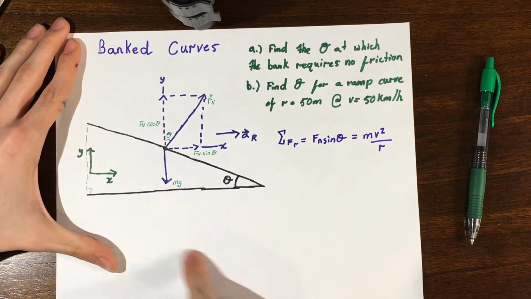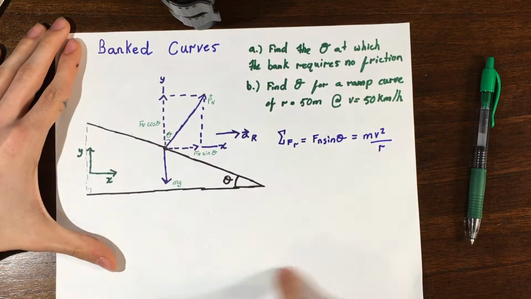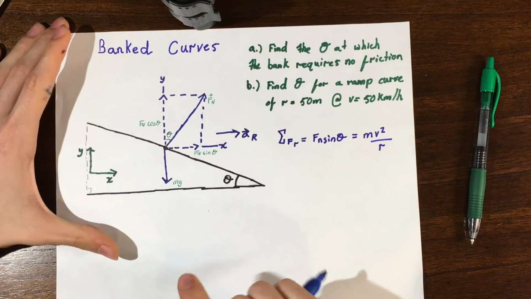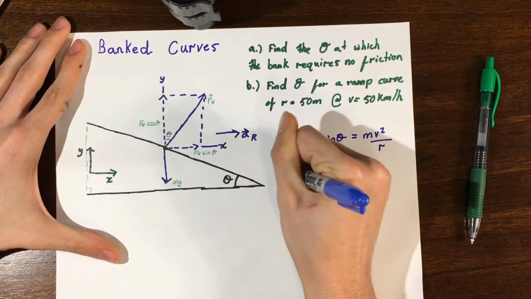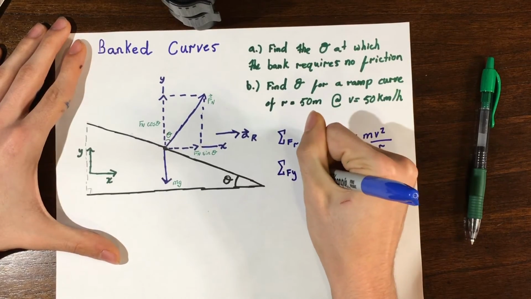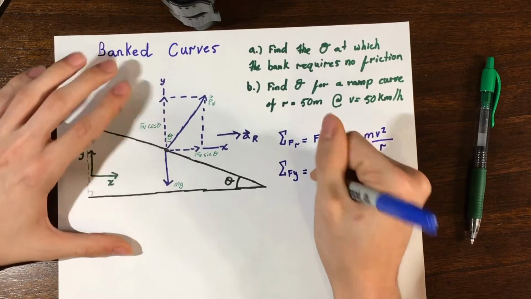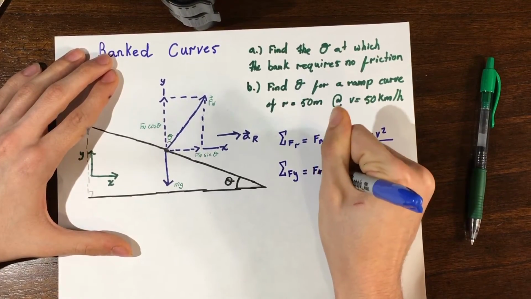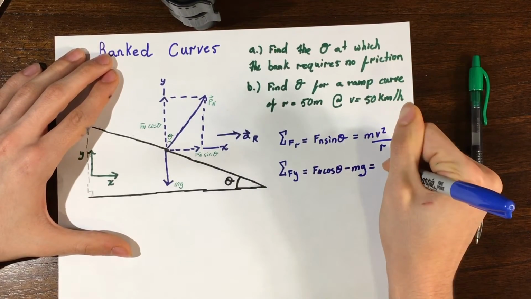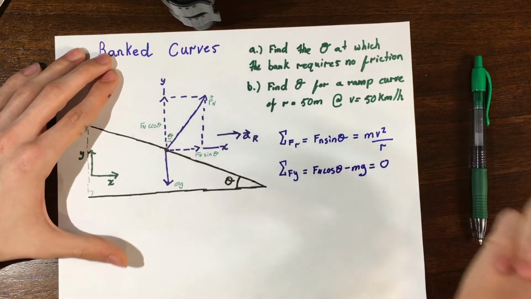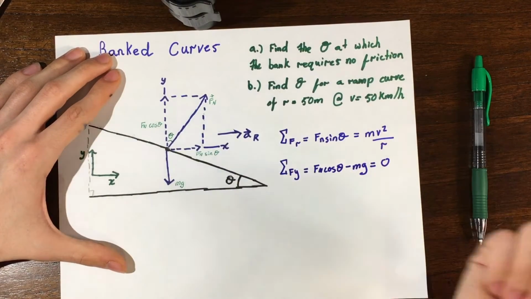See, this is a bank that goes around in a circle. So acting up and down, it's no longer acting towards the center of the circle, so our summation of the forces in the y is just going to be equal to Fn cosine theta minus mg, which is going to be equal to 0, since we're not accelerating upwards.